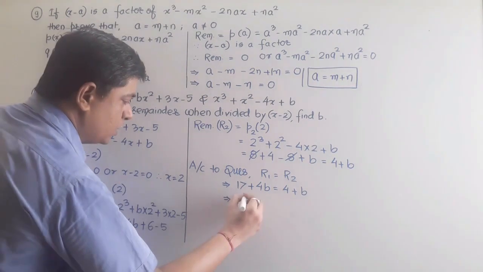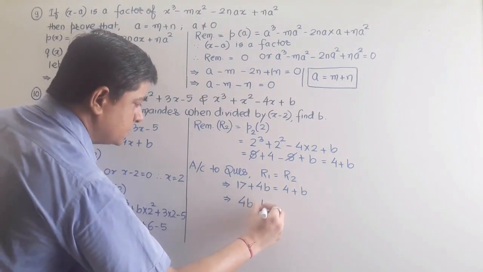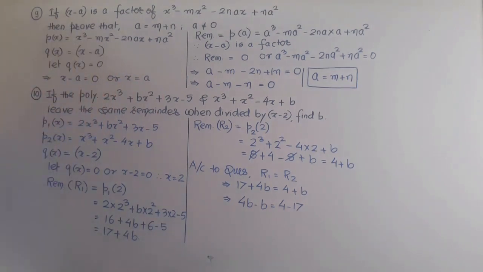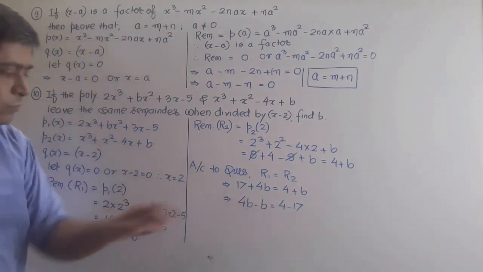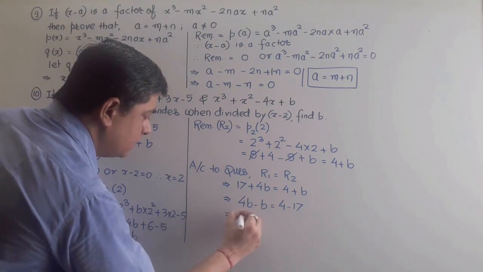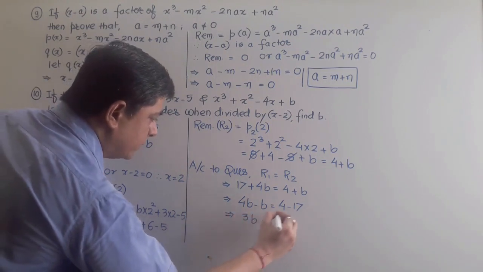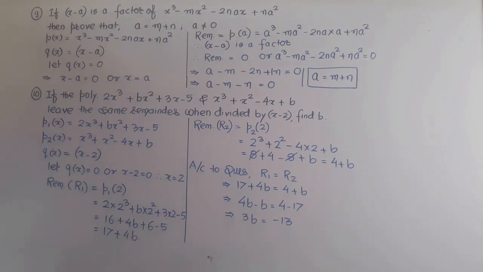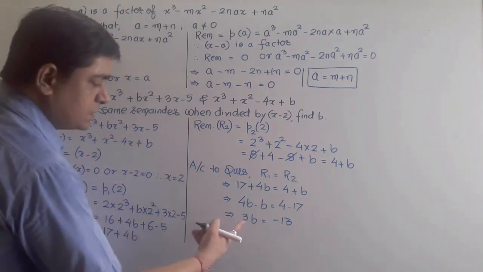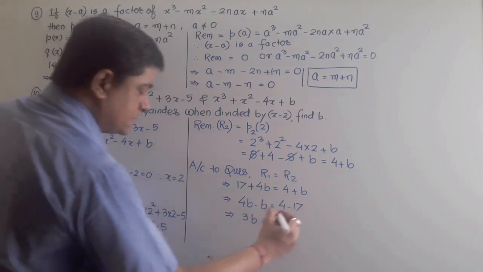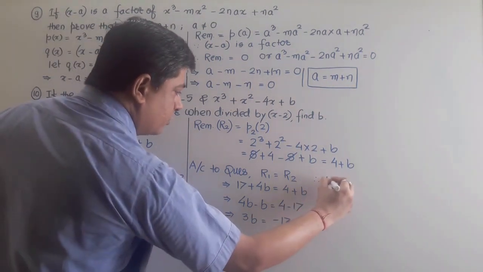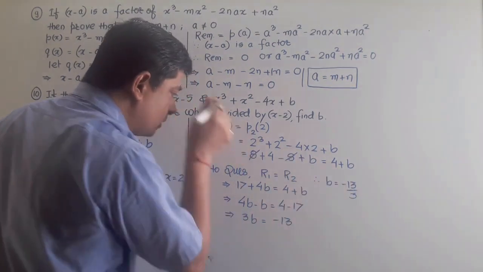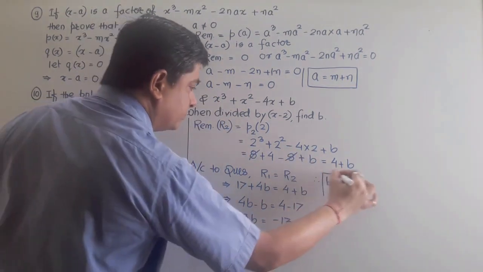So this will be 4b minus b is equal to 4 minus 17. Now 4b minus 1b, remaining is 3b. And 4 minus 17 will be equal to minus 13, because signs are different, so we subtract. And finally 3 is in multiplication, going to that side, so therefore b will be equal to minus 13 upon 3. This will be your answer.